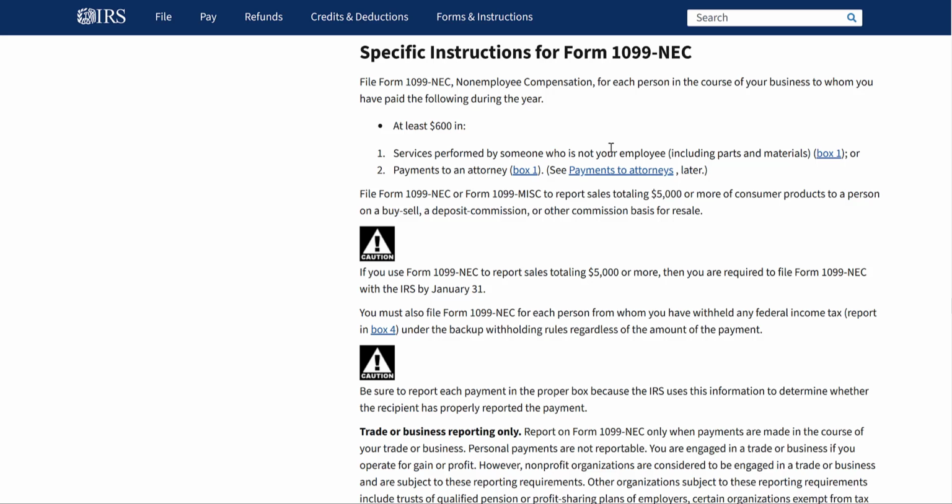I see a lot of small businesses that get confused because they'll say, well, I have a 1099 employee. Technically, anybody who is not on a W-2 is not your employee. If you have an employee, they receive a W-2, okay?